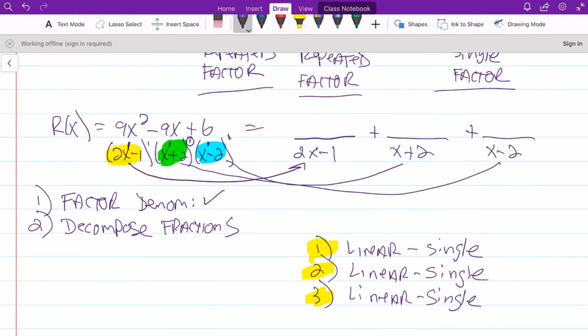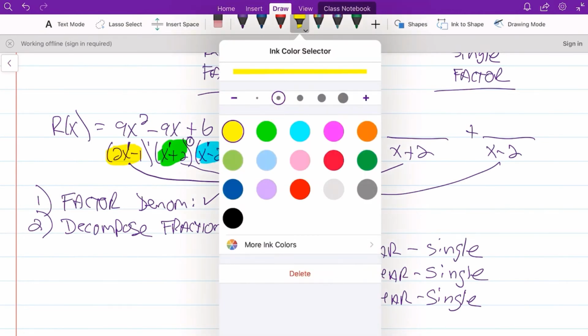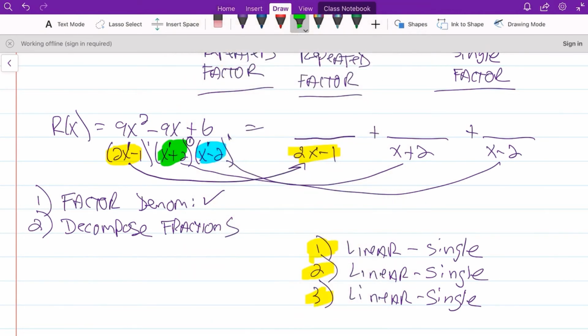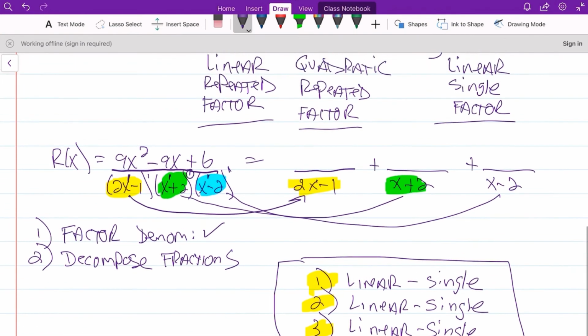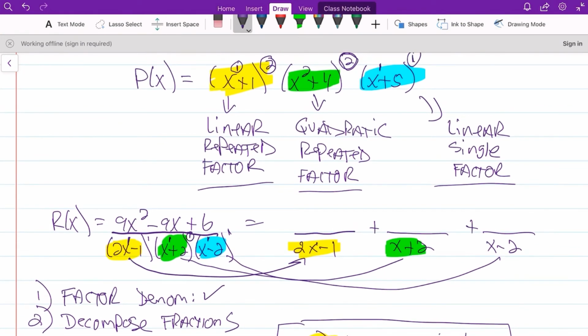All right? So you are going to have a fraction for every different factor in your denominator that we started with. When you have single linear factors, you're going to have a fraction set up for every different factor. Now, this is going to change a little bit when the factors become repeated.